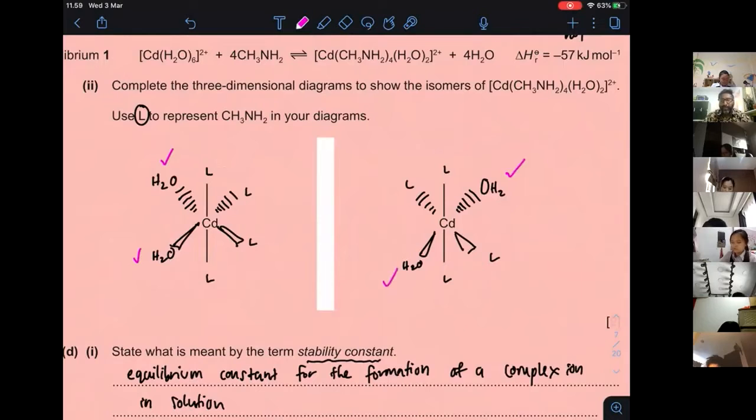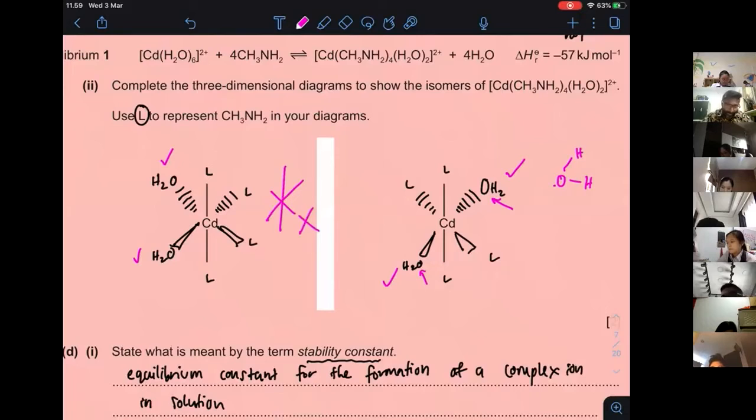But just be careful with H2O, the lone pair is coming from oxygen. So when you write H2O in this form, write down OH2, or you can also write it in this way, it's also fine, as long as it looks like it's connected to oxygen. And very important, some students always ask, can I just simply use this? Don't.